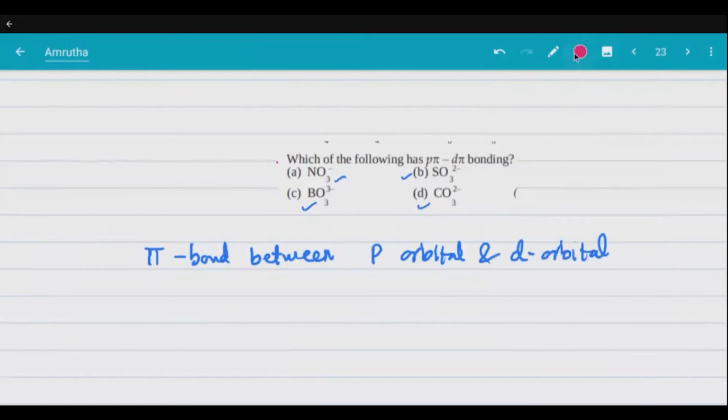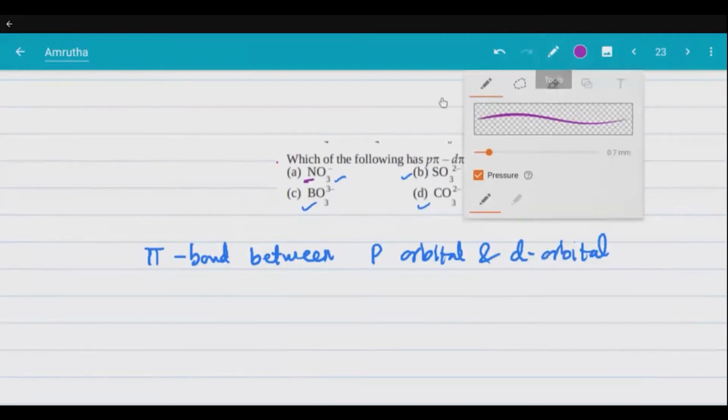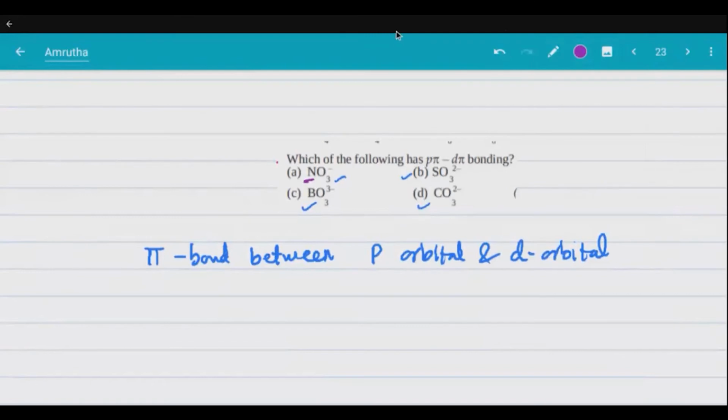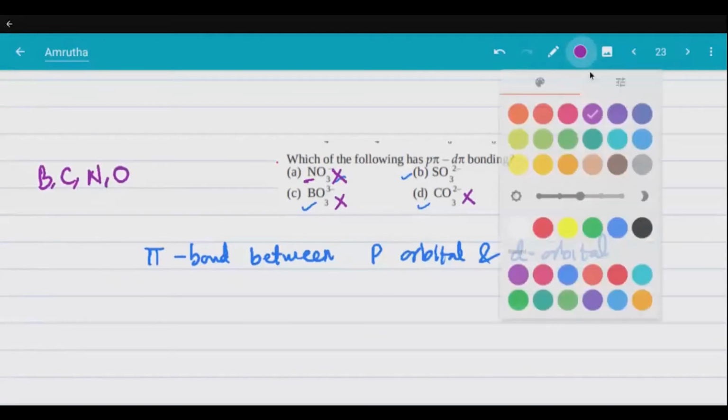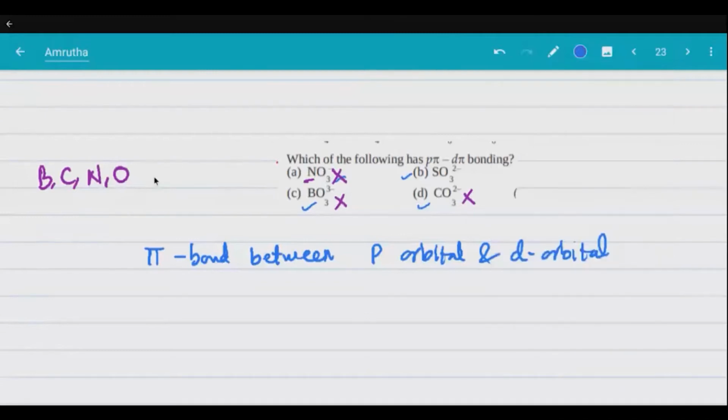So we can easily eliminate the options here, a very easy way. Nitrogen, is there any d orbital in the first case? Nitrogen, oxygen, is there any chance? No, never possible. Nitrogen cannot have d orbitals. Oxygen cannot have d orbitals. Second period elements never have d orbitals. So you can eliminate this. This is not correct. Boron, carbon, nitrogen, oxygen all belong to the second period.